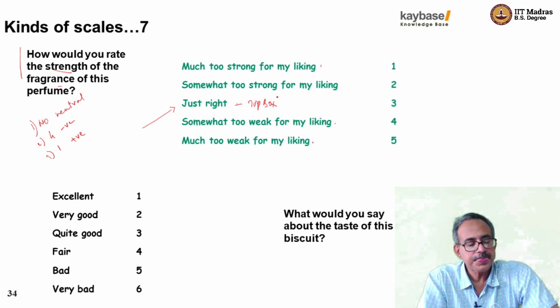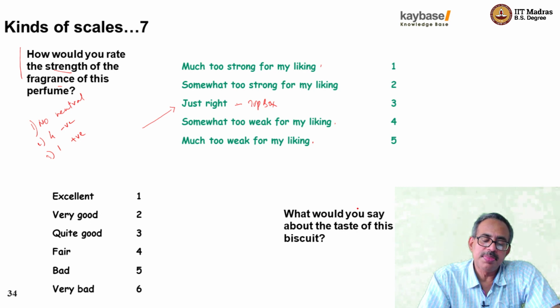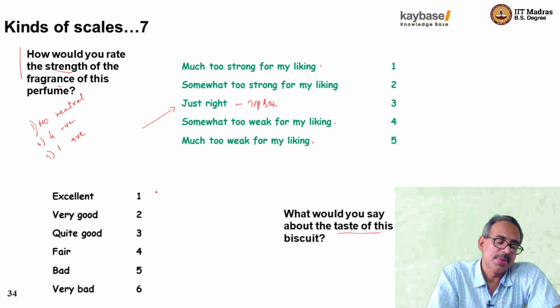Now let's turn our attention to the scale. We are asking people about the taste of a biscuit. Excellent. Very good. Quite good. Fair. Bad. Very bad. How is this different from the scales that you saw on the previous slide? This is a 6-point scale. Good. That's one important point of difference.